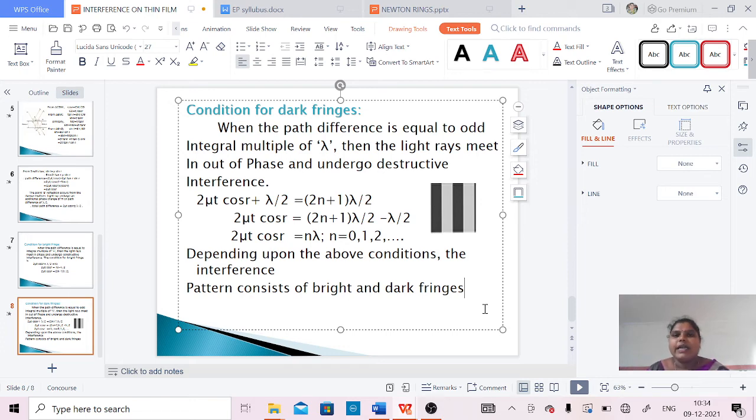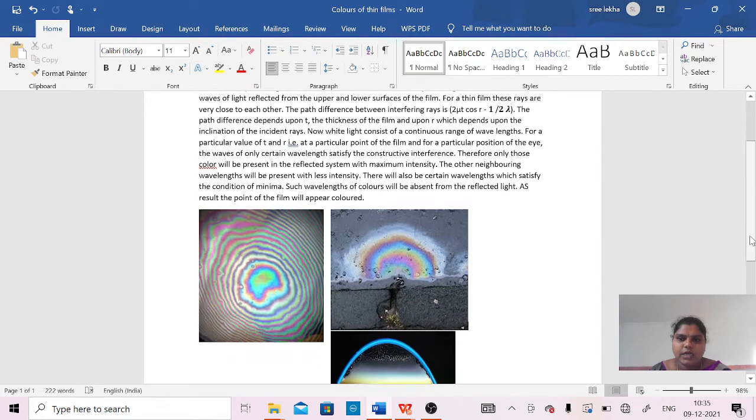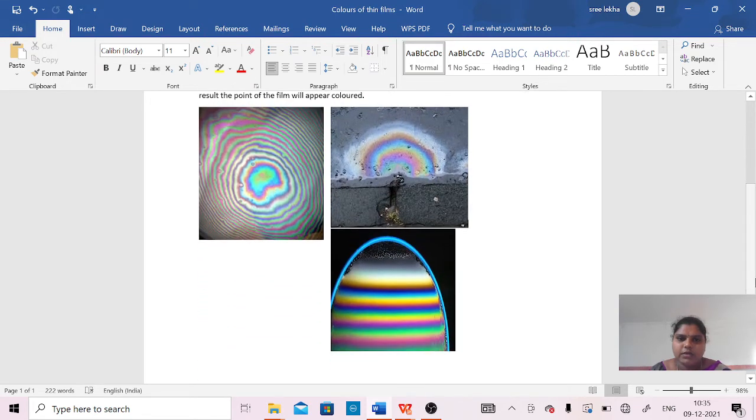But the intensity of the color depends upon the thickness of the film, our eye, and the refractive index. So let us see the concept of colors in thin films.